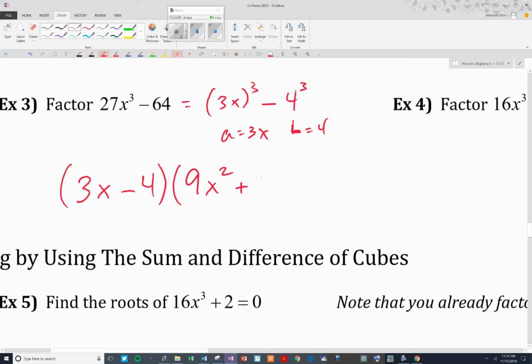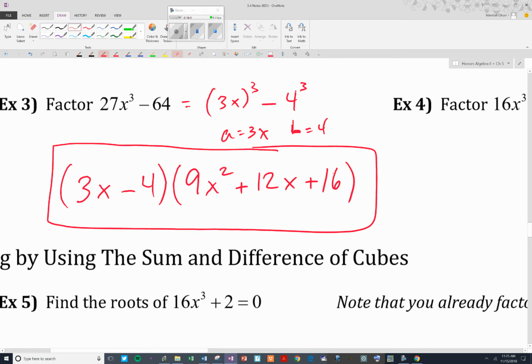Then I multiply the two things together, get 12x, and then I have to square b. So this thing is totally factored. Remember, this guy is never ever factorable. Don't waste your time trying to factor that. As long as you factor correctly with the difference of cubes, you're done.